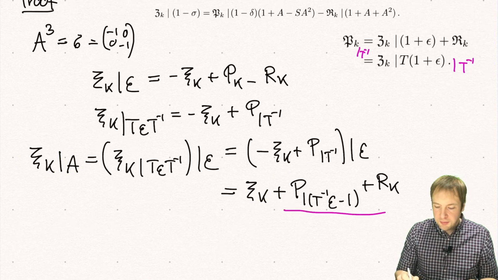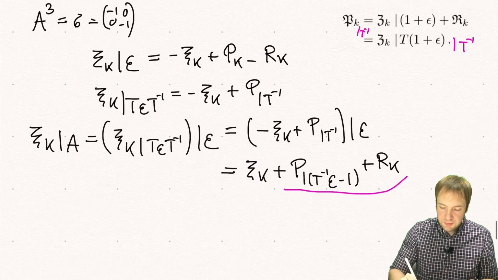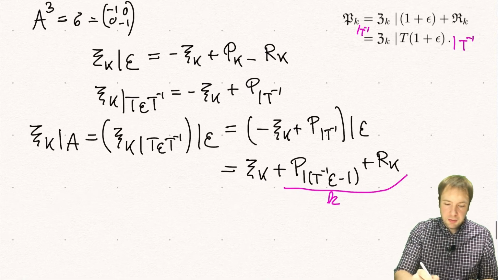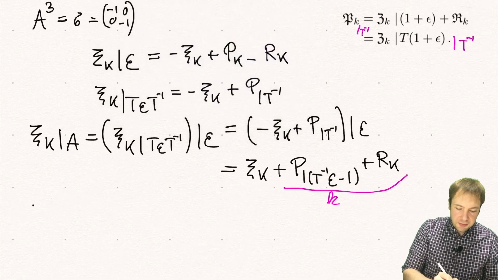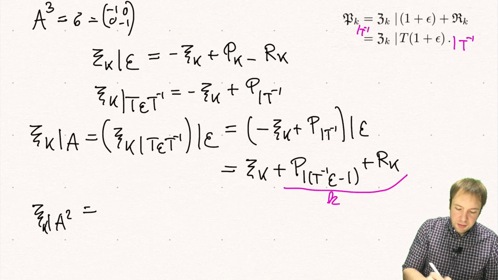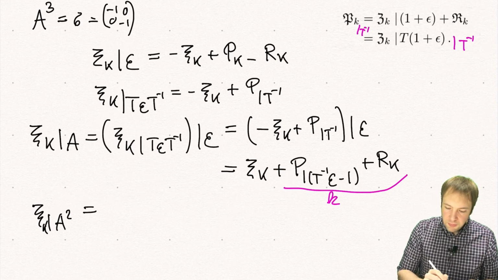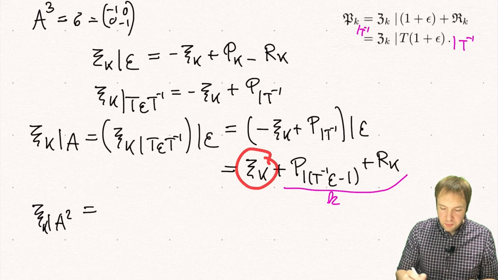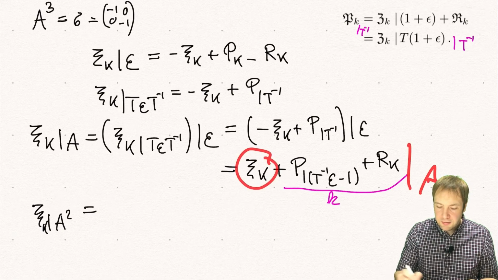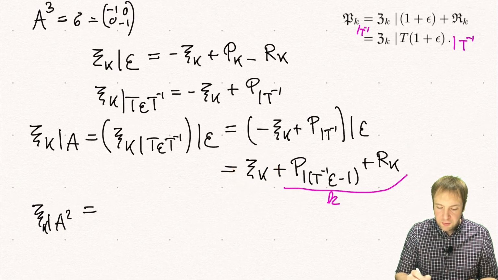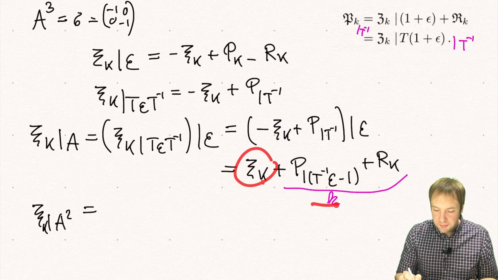And let's give this something a name, for example kappa. Then we see that the action of A squared is, well, if I apply again A here, then I get zk plus kappa.